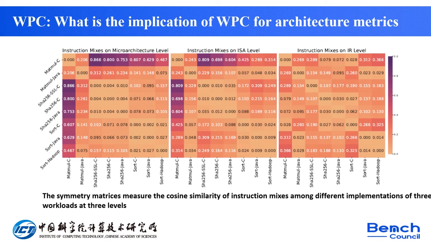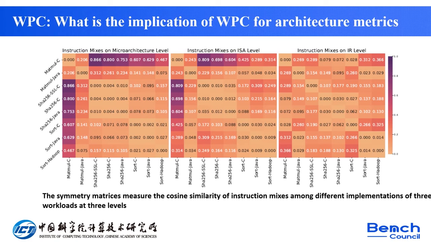Second, the similarity of instruction characterizations between two workloads at the IR level is not necessarily consistent with those at the other two levels. For example, SHA-256 C and Sort C are similar at the IR level, but not similar at the ISA and microarchitecture levels.